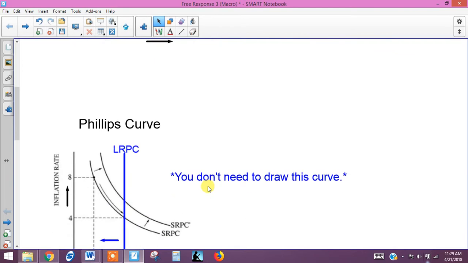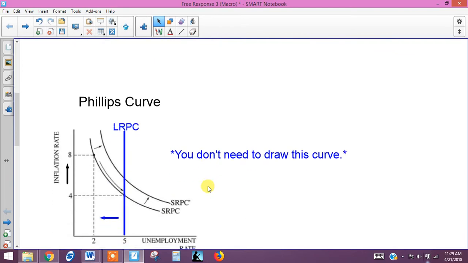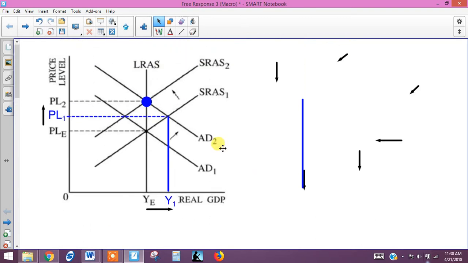So I want you guys to think about the larger picture here, understanding that when the government makes a decision to spend more money, it certainly can initially drive up output.